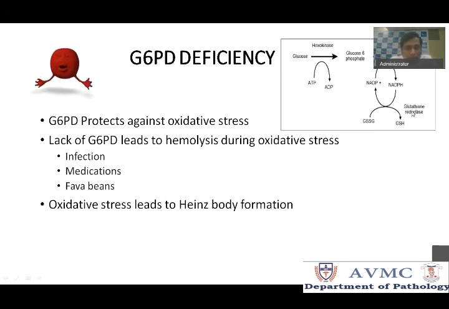This glutathione reductase is an antioxidant, so it helps to combat free radicals. I suppose again, first chapter, cell injury and adaptations, very important chapter. So when this G6PD enzyme is not there, the RBC is subjected to free radical injury, and it goes for lysis.